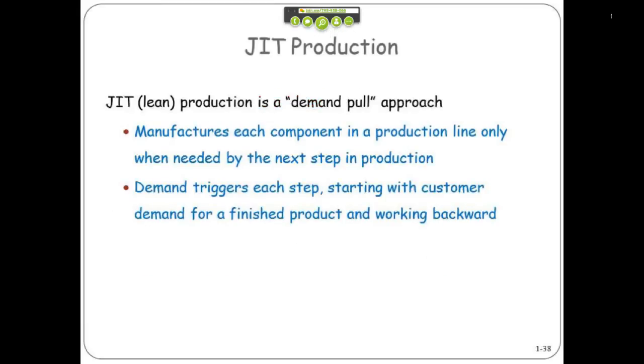Just in time is the opposite. It pulls you through the process. You have the need to produce a product, and it's pulling everything through behind that need for a specific product. So you know you're going to build a car or a truck. What's needed to build that truck? What's needed to build the component? What's needed at each step back?